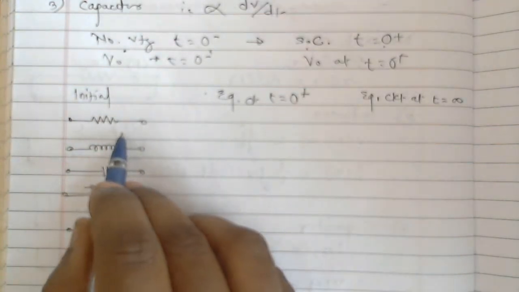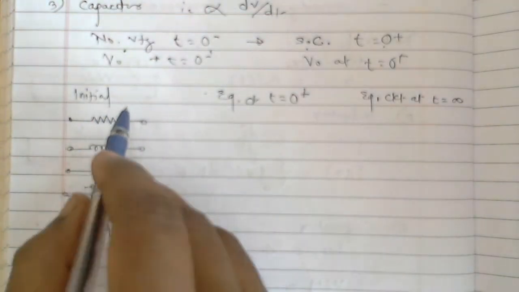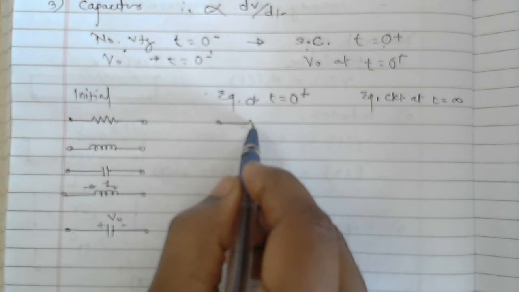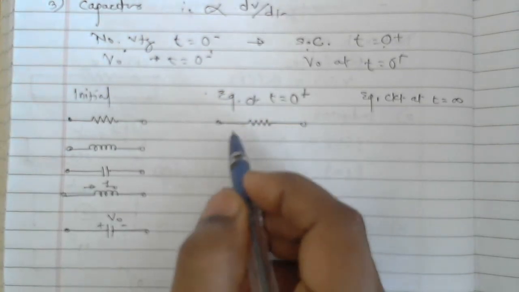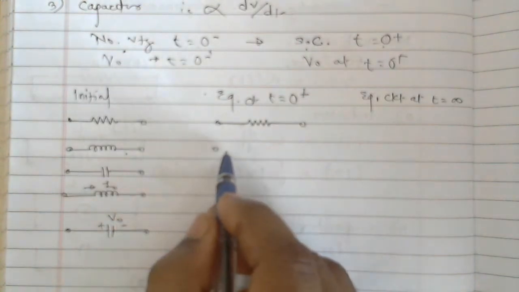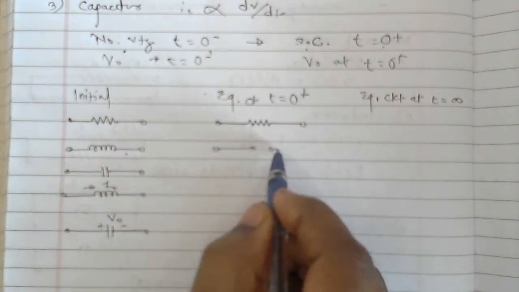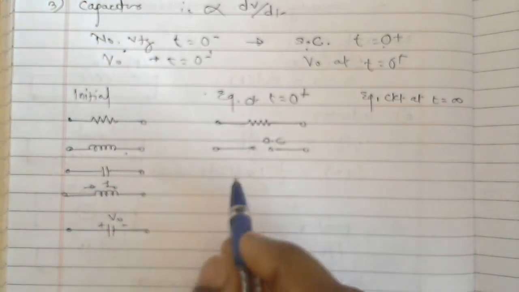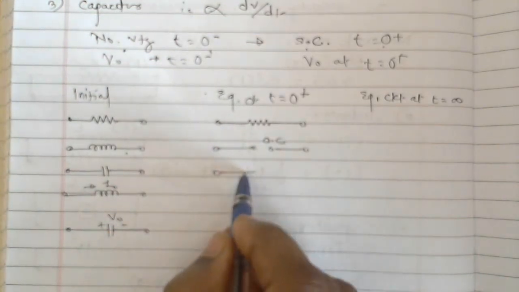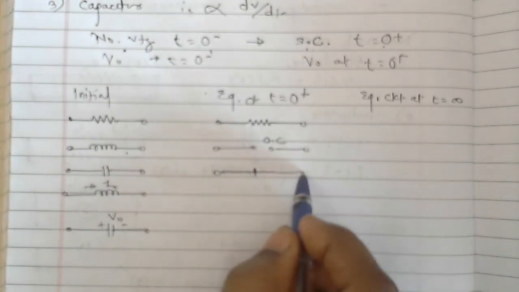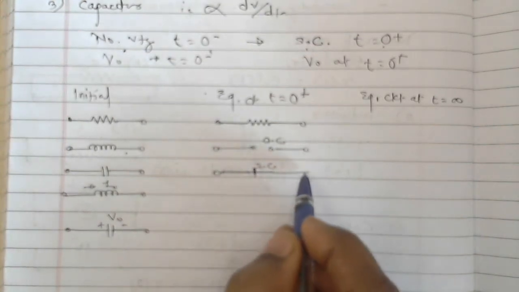Now if a resistance is there before switching, then just after switching it will act as a resistance itself. If an inductor is there, as you know, the inductor will oppose a sudden change in current, so it will act as an open circuit. If a capacitor is there, the capacitor opposes sudden change in voltage, so it will act as a short circuit, right?